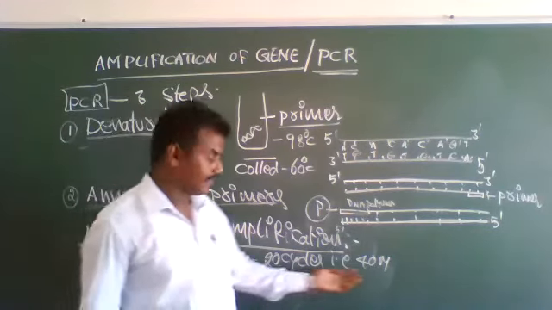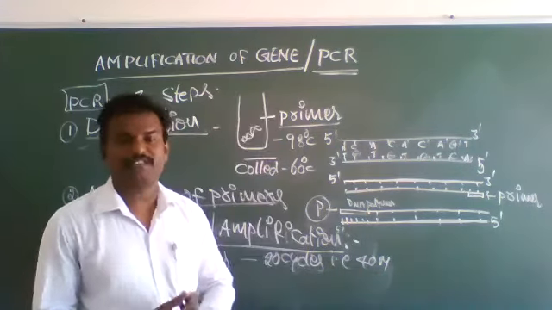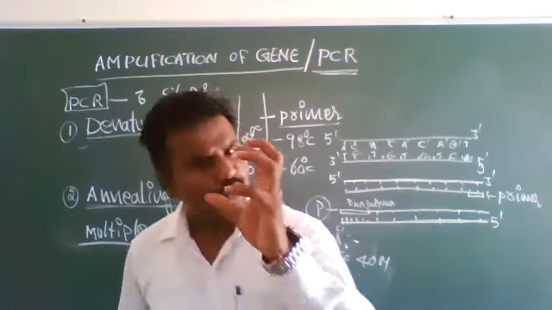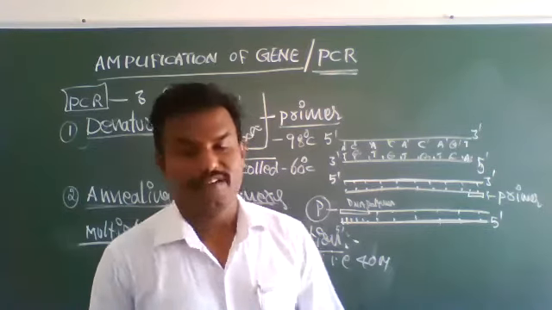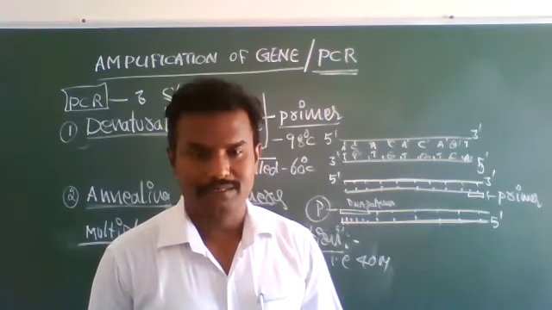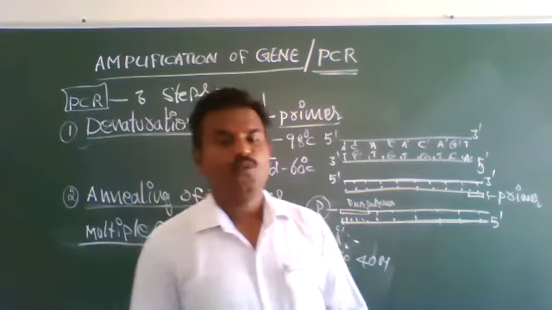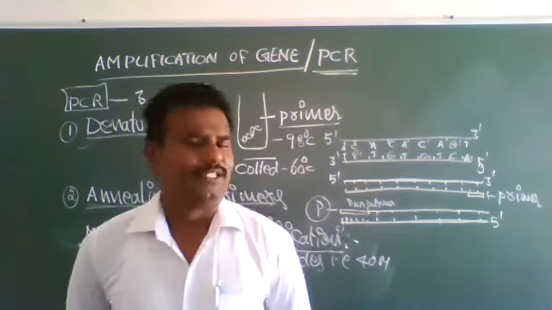In such a way, in a few hours, we can reproduce billions of DNA copies. All those are the desired DNA. Those desired DNA can be transferred into plants or animals, etc.